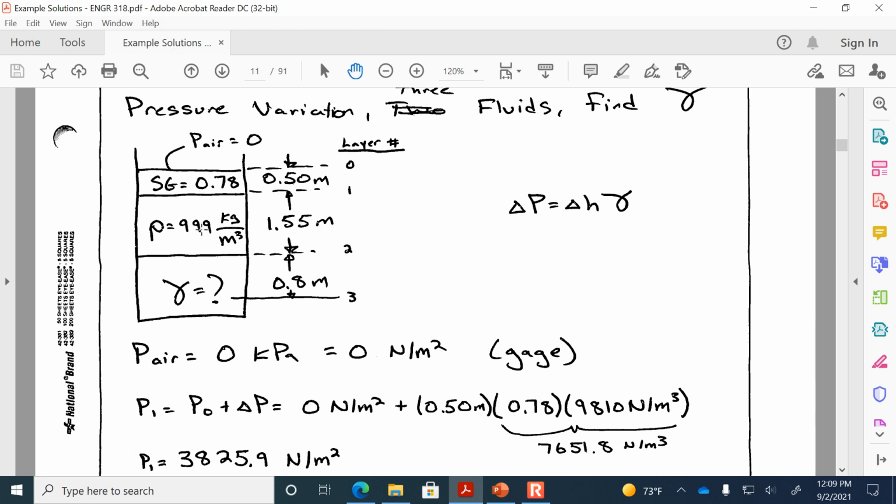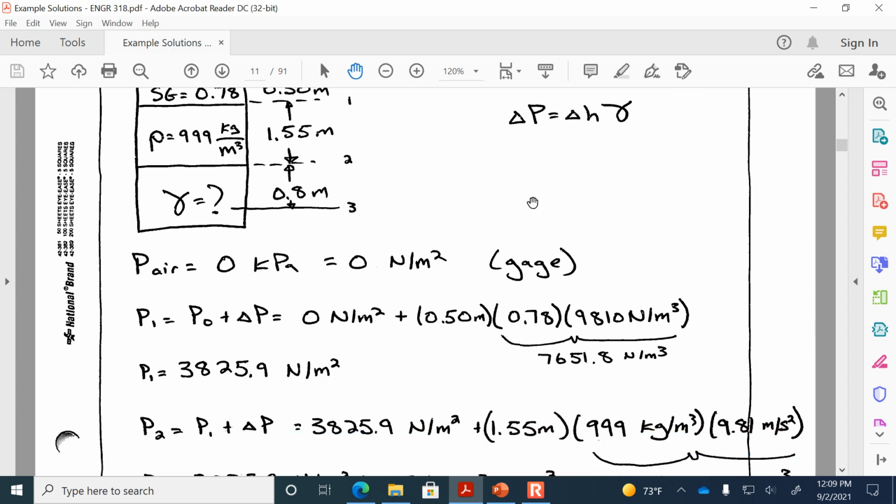Now the pressure at the bottom of the second layer is going to be that first layer pressure plus some more. So it's going to be plus the delta P that accumulates as we work through the second layer. We're given the density of the second layer, but not the unit weight.